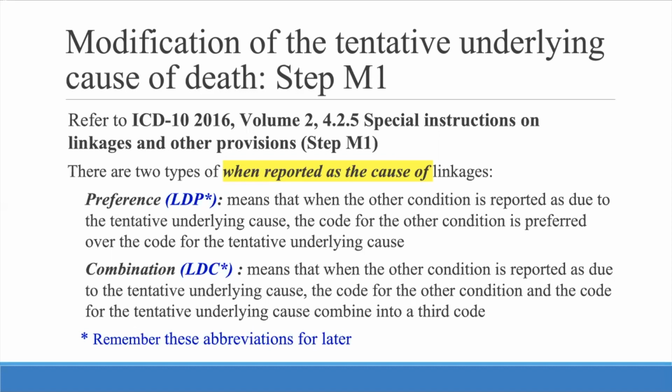There are two types of when reported as the cause of linkages. There's a preference, meaning that when the other condition is reported as due to the tentative underlying cause, the code for the other condition is preferred over the code for the tentative underlying cause. Or the combination linkage, meaning that when the other condition is reported as due to the tentative underlying cause, the code for the other condition and the code for the tentative underlying cause combine into a third code.